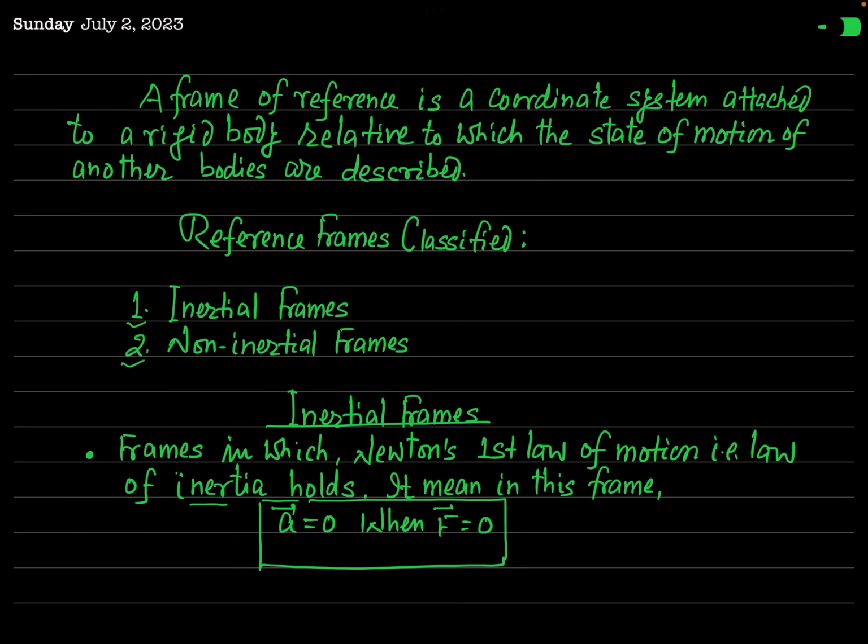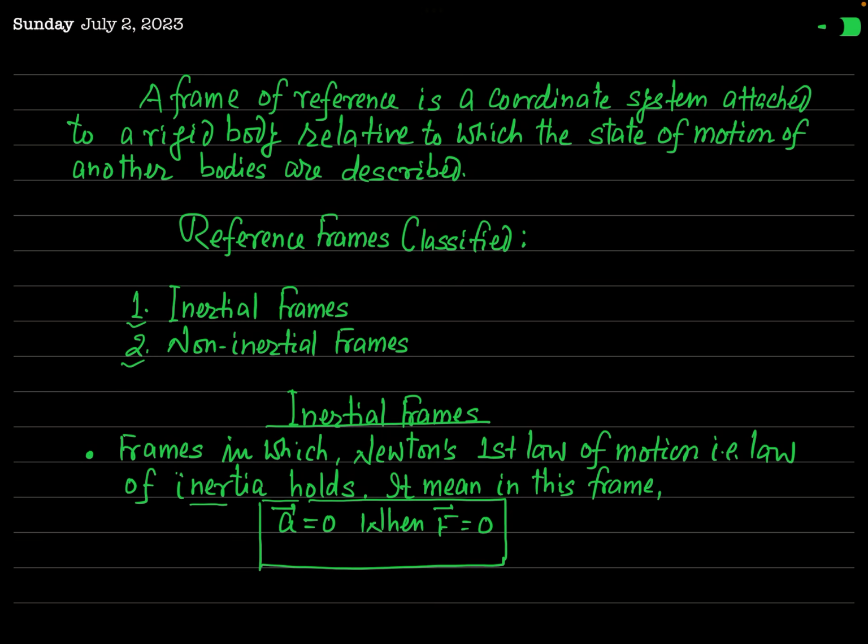It means if Newton's first law of motion is valid in a frame, that frame is an inertial frame. So in a nutshell, an inertial frame is a frame in which Newton's first law of motion is valid. And when you say Newton's first law of motion is valid, what does it mean?